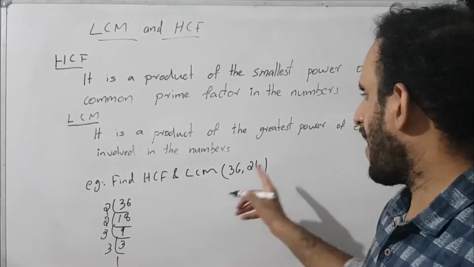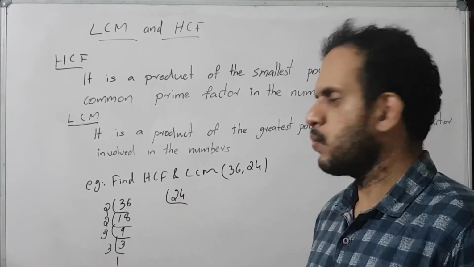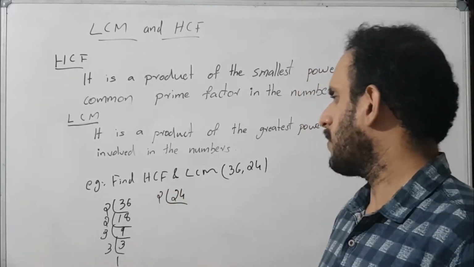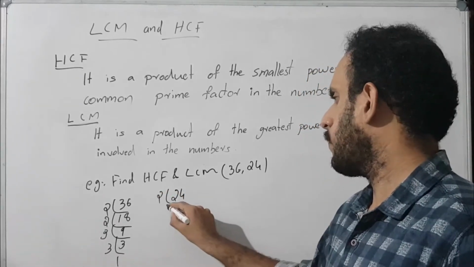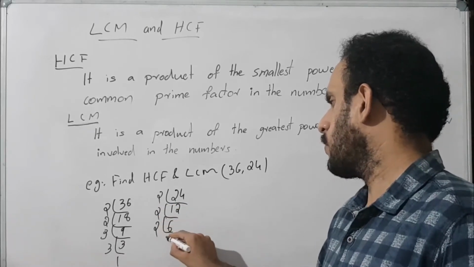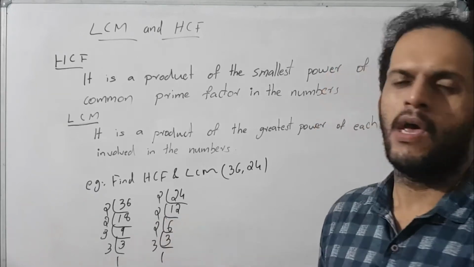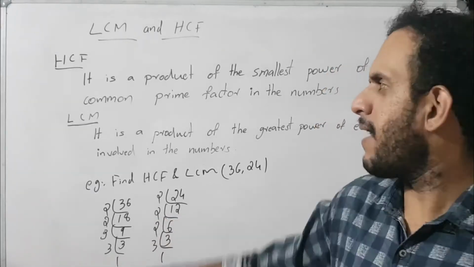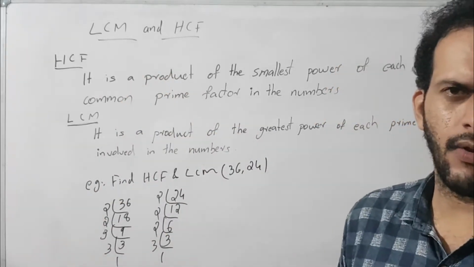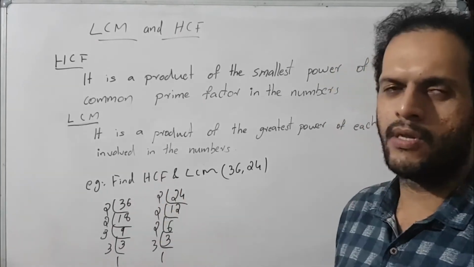Next I factorize 24: I choose first the number 2, then 12, again 2, 6, 2, 3, and 3, 1. Now, for finding the HCF and LCM, we factorize the numbers, correct? I think the idea of the factorization is clear.